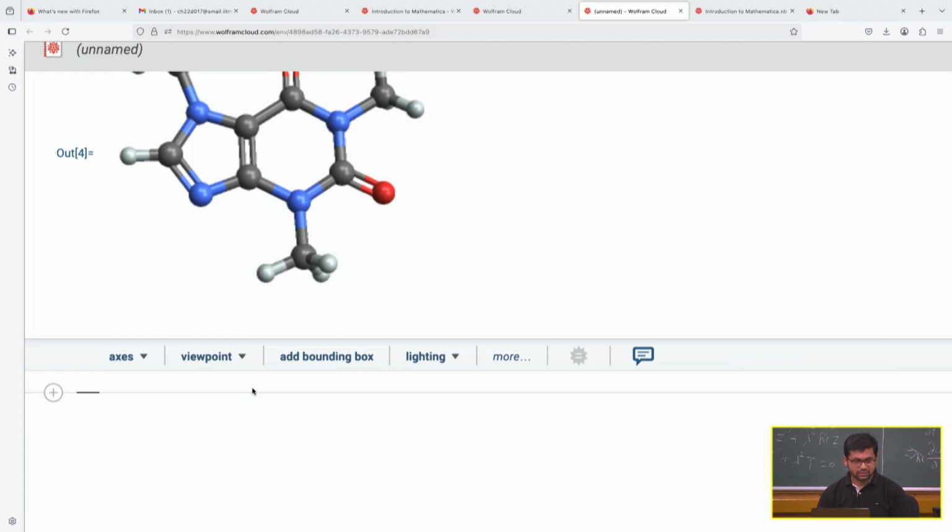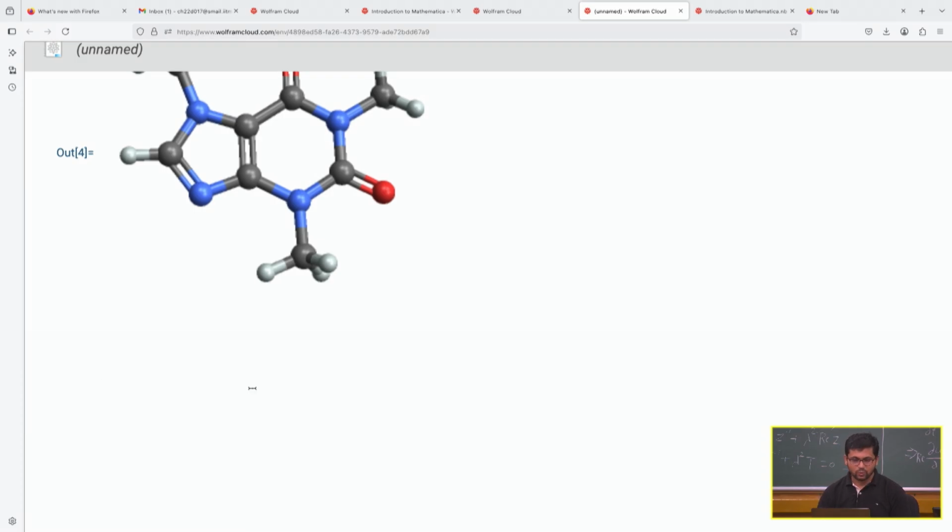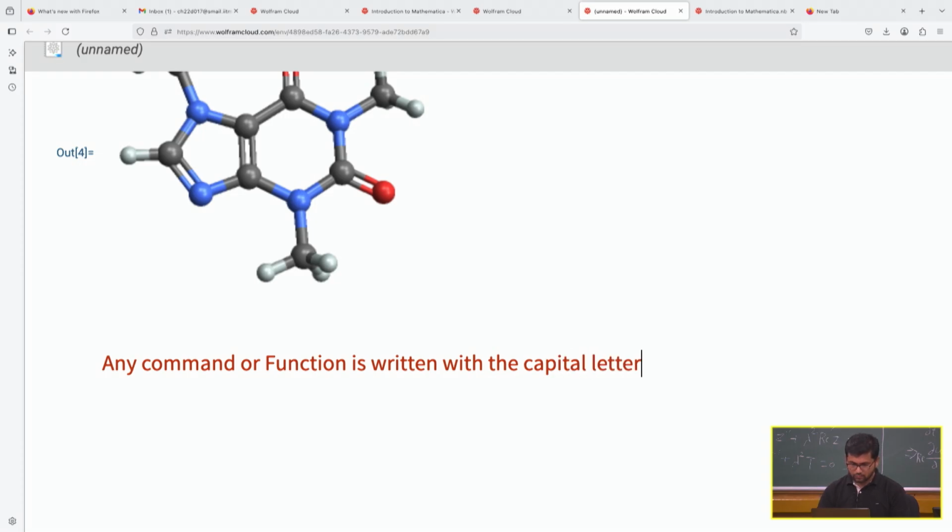So, press Alt 6, you will come to a subsection, and here you can write: any command or function is written with a capital letter. Or function starts with a capital letter.